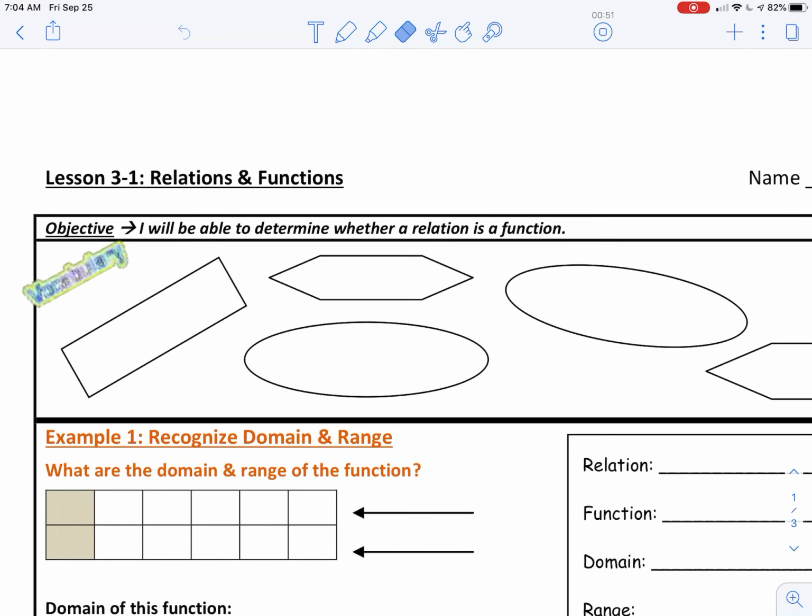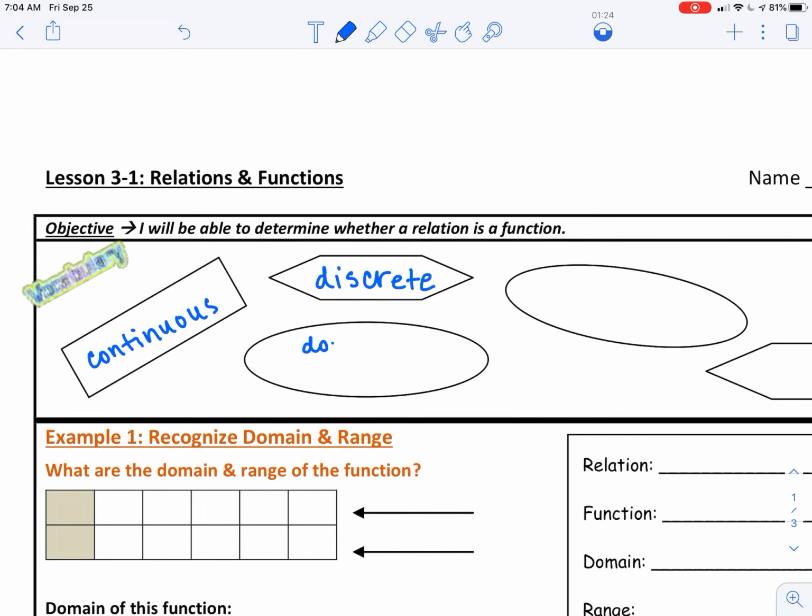The first term that we're going to fill in is the word continuous. The second one is discrete. Make sure you spell this right. This does not mean discrete as we normally use it. This is a mathematical term when we're dealing with a domain, which we'll talk about in just a little bit.